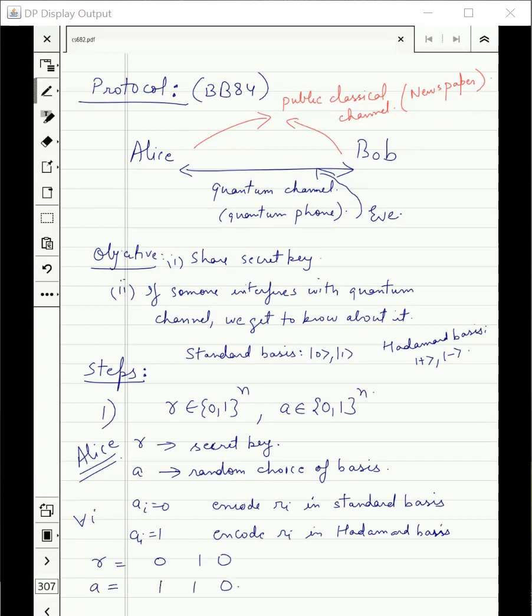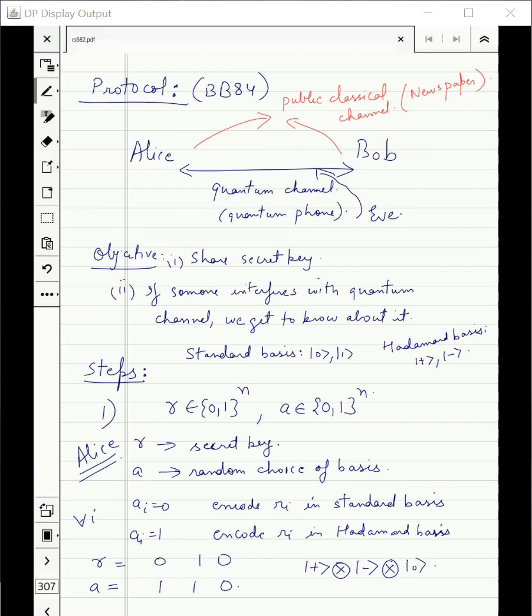Then tell me what will be the state sent by Alice? Plus, minus, 0. Correct. Because A is equal to 1, that means we want to encode in the Hadamard basis. R is 0, that means this is going to be plus. Then again in the Hadamard basis, I want to encode 1, I will send minus. In the standard basis, I want to encode 0, so I will send |0⟩. Make sense? Yes, thanks.